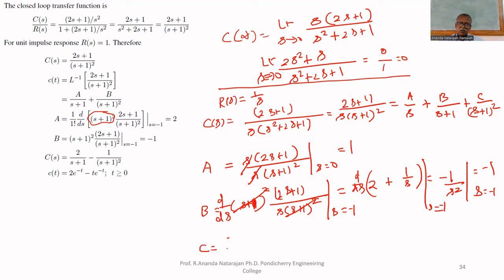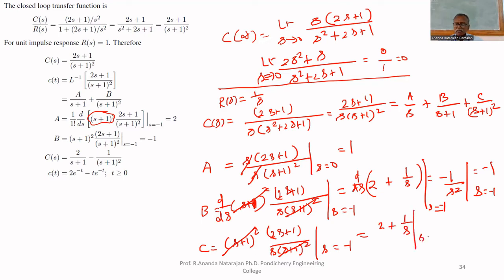C equal to what? s plus 1 whole square, 2s plus 1 upon s multiplied by s plus 1 whole square, s equal to minus 1. That is equal to 2 plus 1 by s, s equal to minus 1, equal to 1.